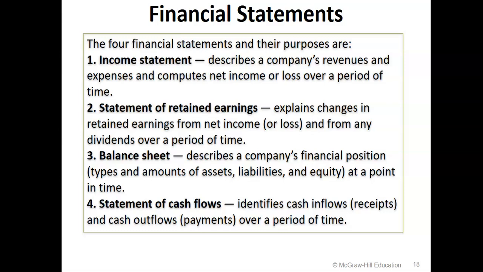On our balance sheet, we make a list of all of our asset accounts, all of our liability accounts, and all of our equity accounts. We write what the total is on that day, and our assets should equal our liabilities plus equity. So the balance sheet shows the accounting equation.